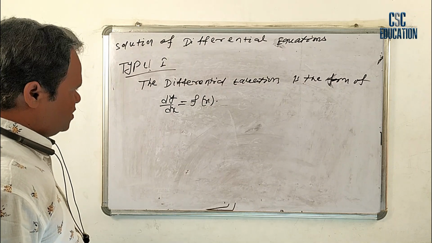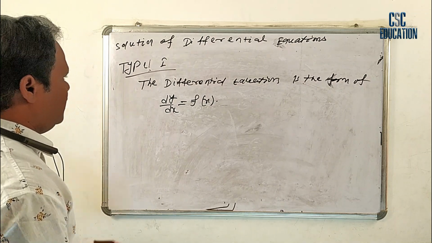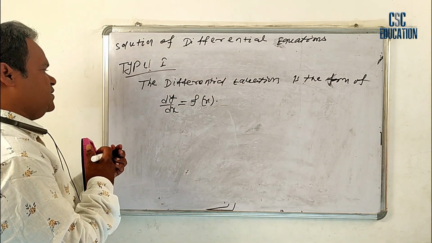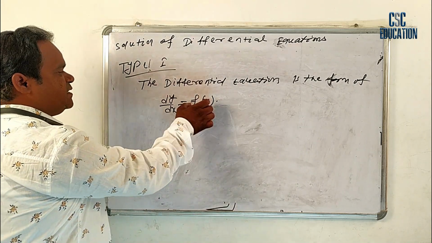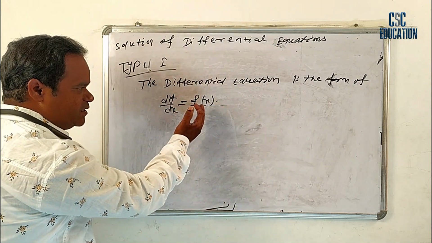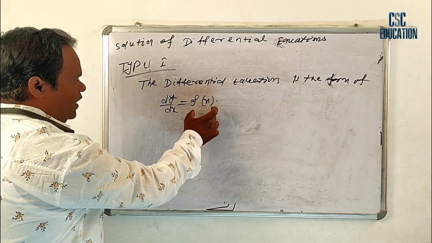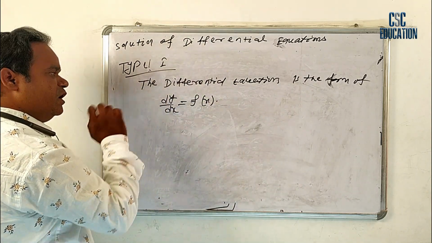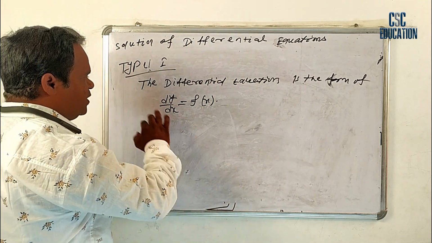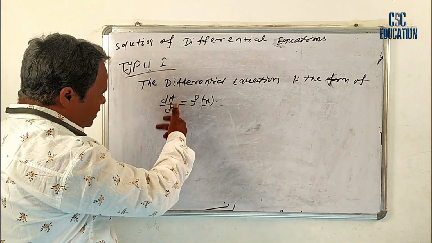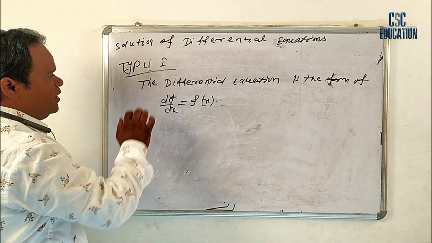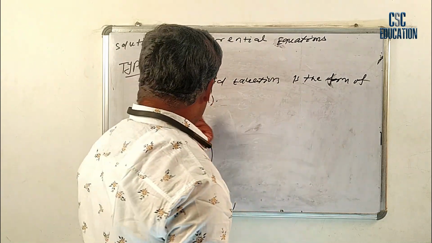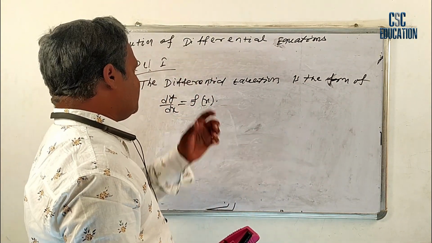That is the differential equation. If your question is dy by dx equals f of x, that means the right-hand side is a function of x, and y is a function of x. The differential equation is of the form dy by dx equal to f of x.